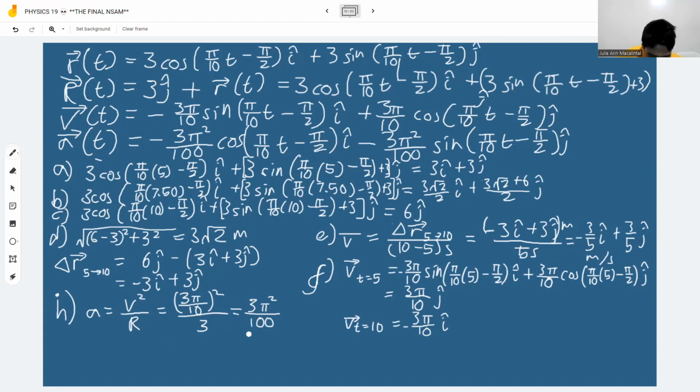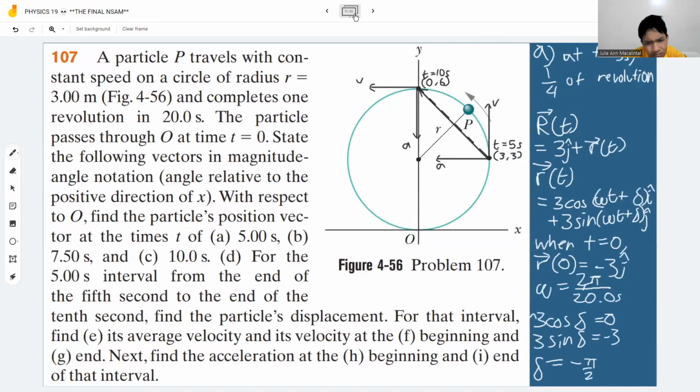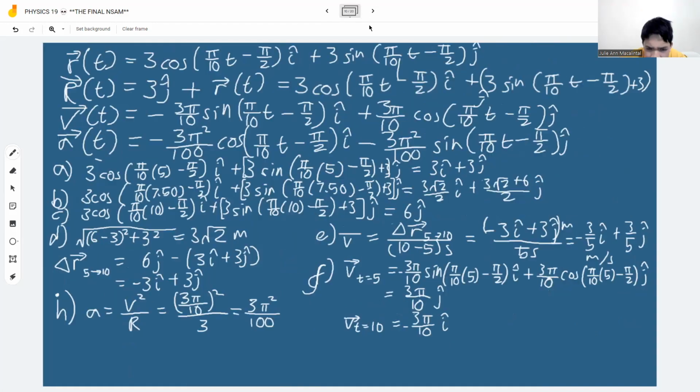Okay, so ngayon tingnan mo yung coefficient ng acceleration. Yung common coefficient sa acceleration expression natin. Tingnan mo yung expression for acceleration. May 3 pi squared over 100, di ba? So it makes sense. Ngayon, yung directions na lang.